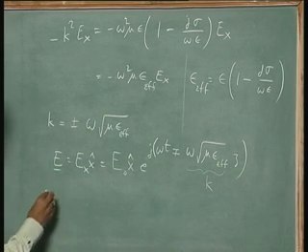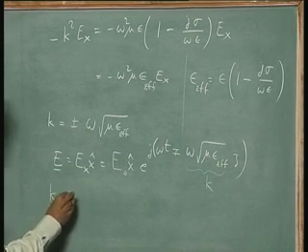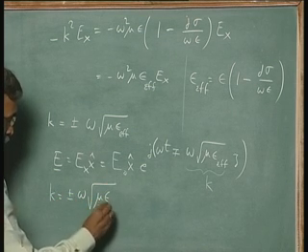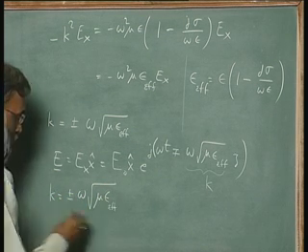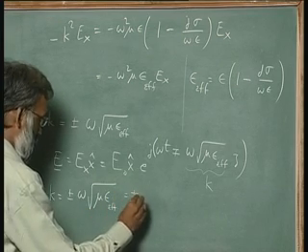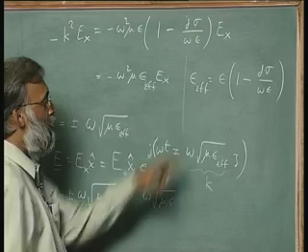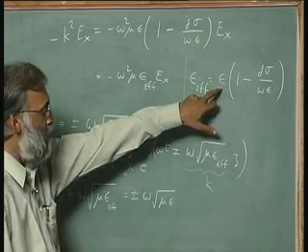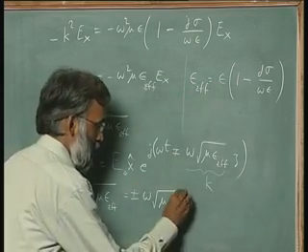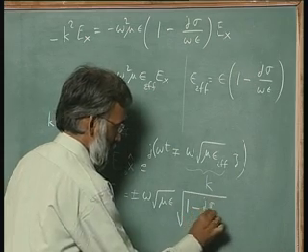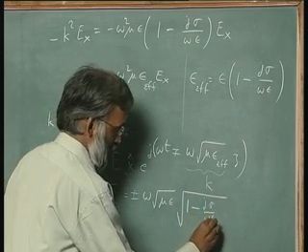That is, I can say that k, which is equal to plus minus omega root mu epsilon effective, is actually equal to plus minus omega root mu epsilon, epsilon effective I am writing out, times square root of 1 minus j sigma over omega epsilon.